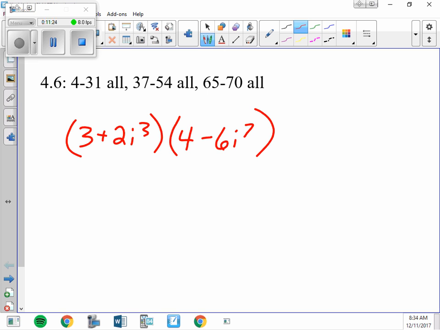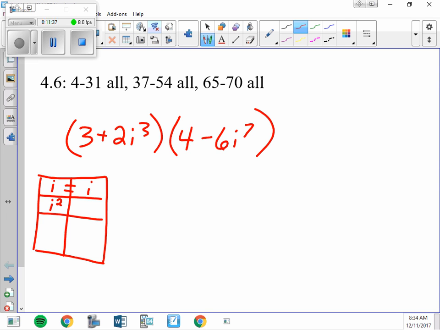And I'm going to give you a little chart to remember. i is equal to i. i squared is equal to negative 1. i to the third is equal to negative i, and i to the fourth is equal to 1. And that's something we showed yesterday. If you just keep multiplying it together, you get those patterns.